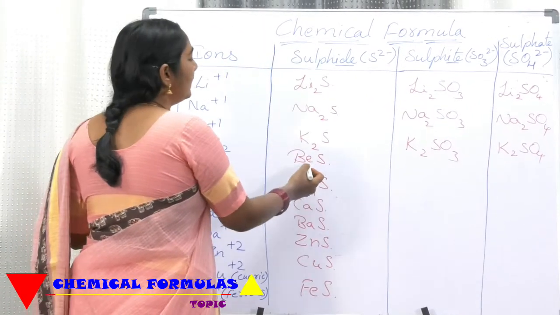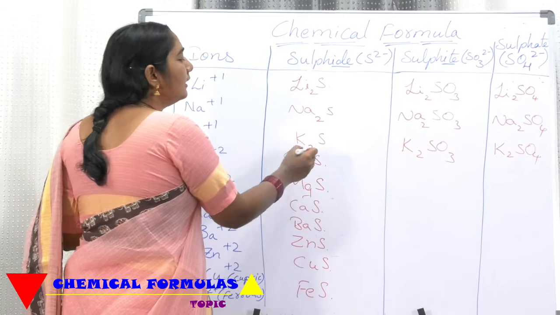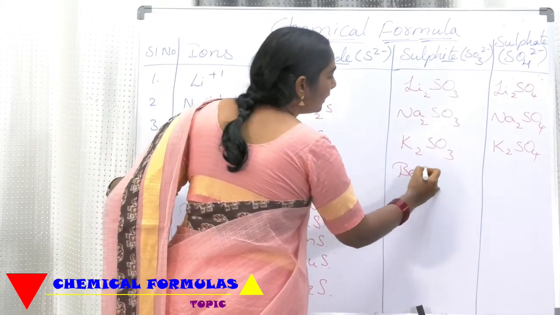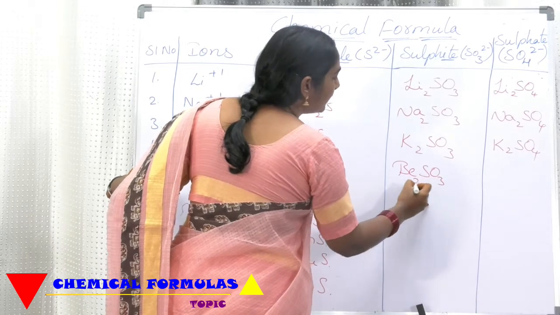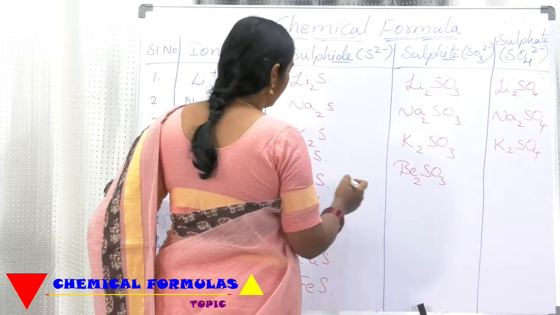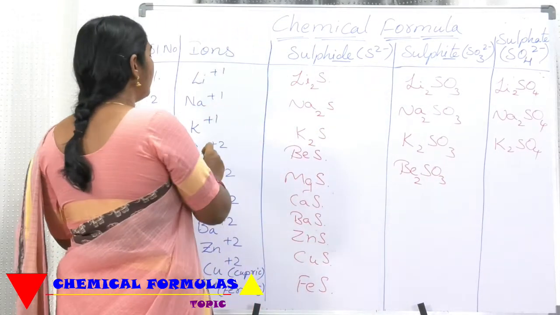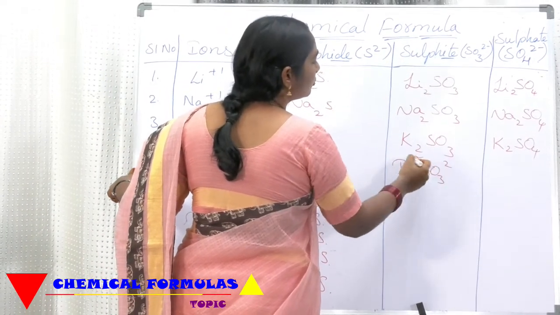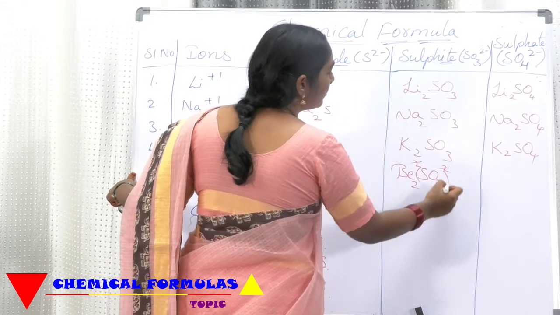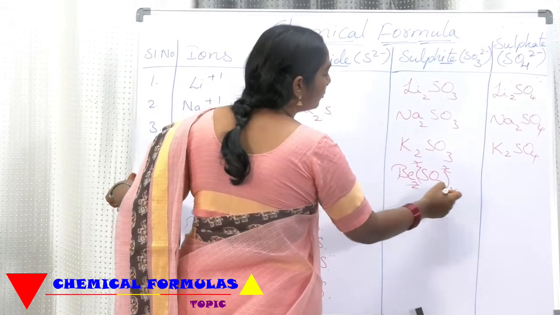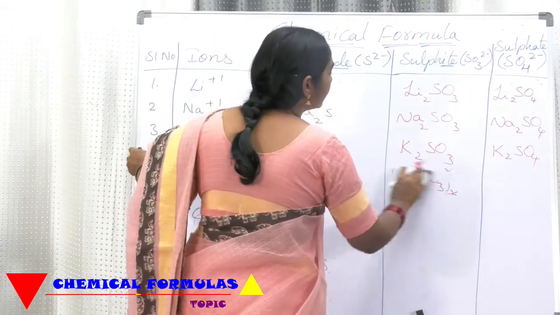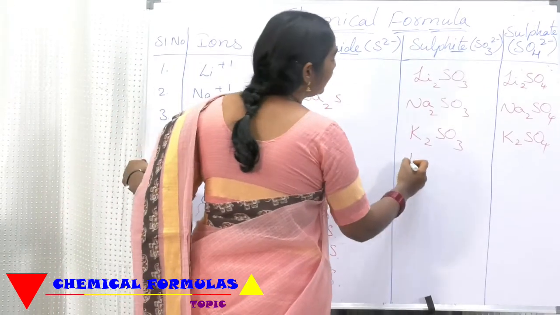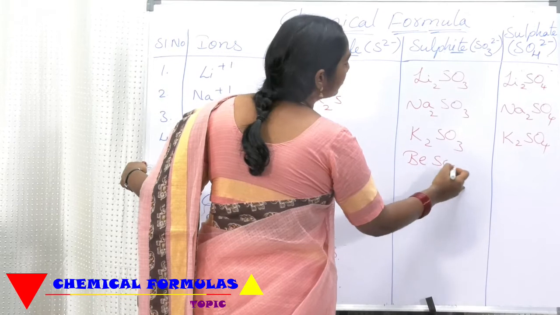Now beryllium sulfide BeS. Beryllium sulfite BeSO3. Be2 plus, because the valency 2 is coming here. See my dear friends, here the beryllium valency is 2 and this also has valency 2. The 2 is getting cancelled. So you need not write all these things. So beryllium sulfite you can just write BeSO3.